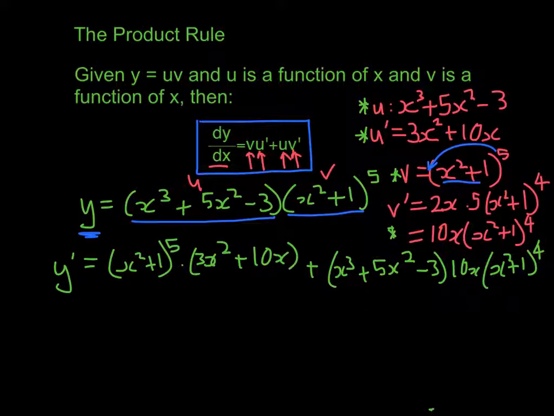Let's try another example. Here's one. It's a little bit different. We've got 5x plus 3 all over 2x minus 1. Right, now, the initial problem we've got is that this is a division, it's not a product.